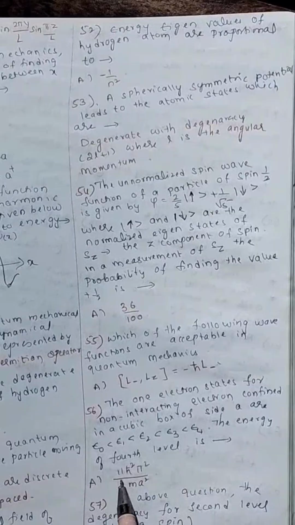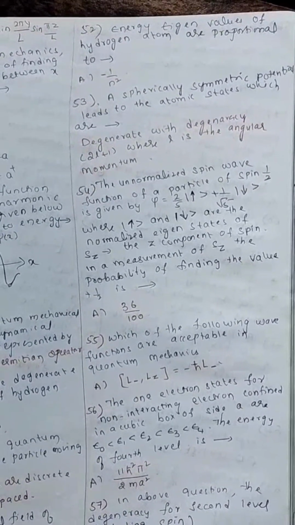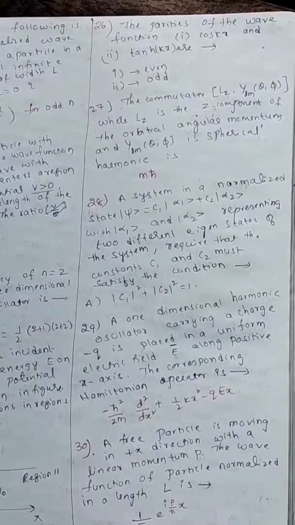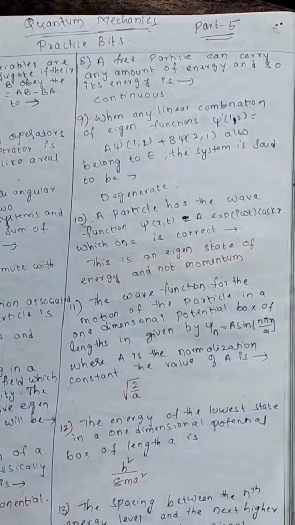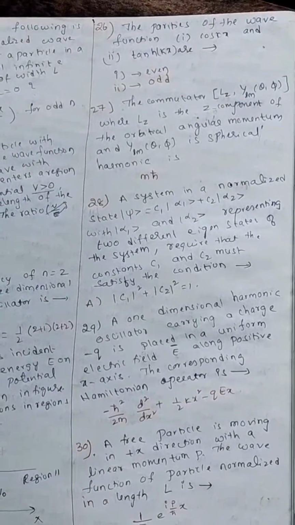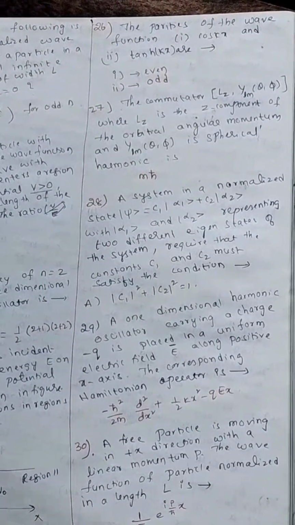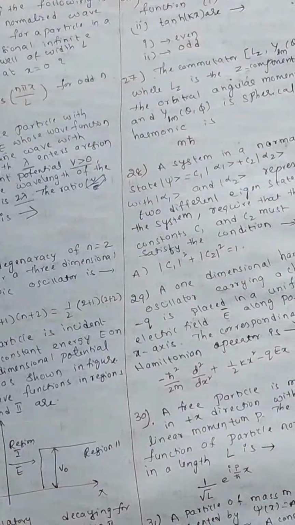Just follow that, we will get 11 h cut square pi square by 2 m a square. This question already we did, it is the same model. This one, 21st question, follow this model. I explained.